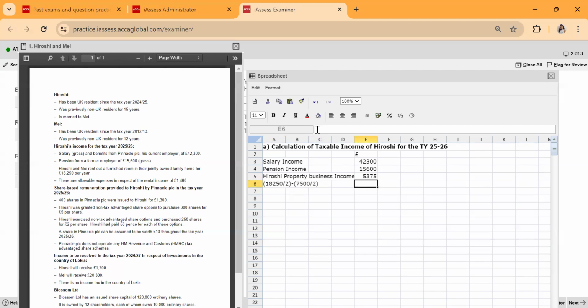Now in the notes, because the question specifically asks you to write the theory parts, you will write that rent-a-room relief will be available because Hiroshi and May are paying rent.